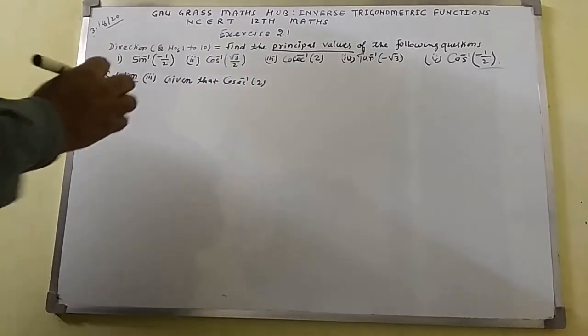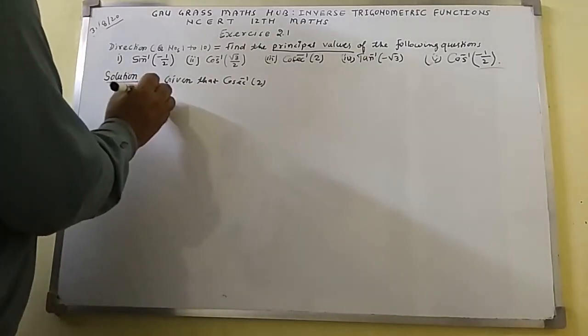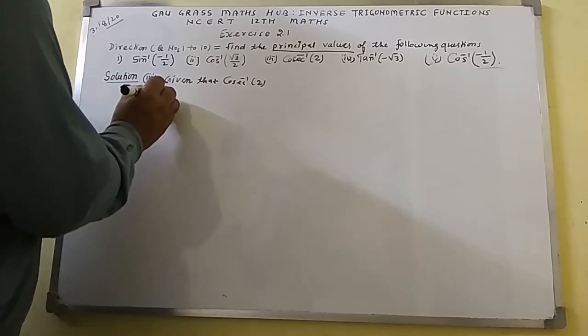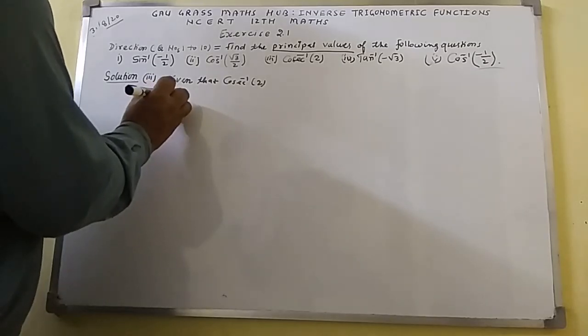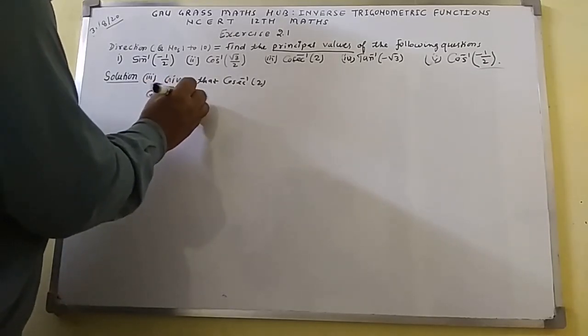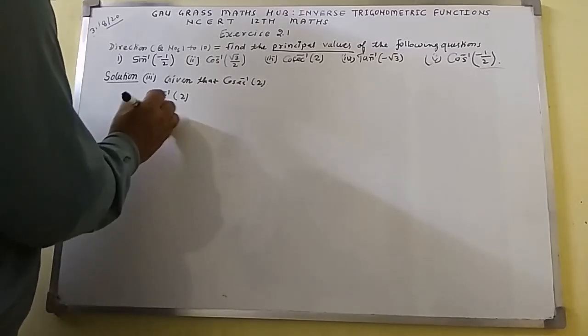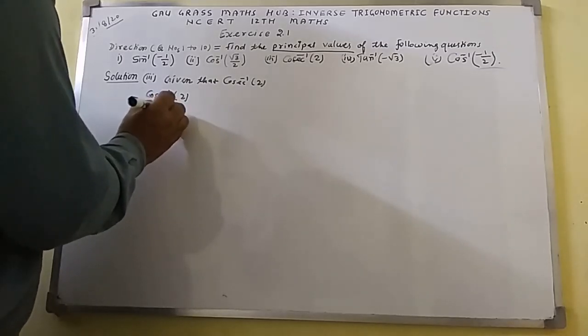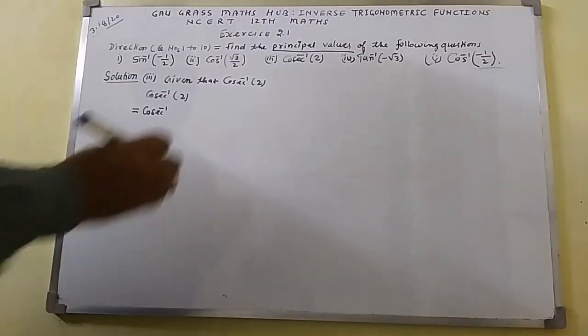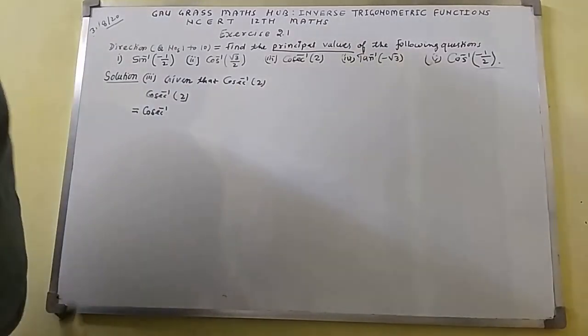What we'll do in this case, here I shall write cosec inverse in bracket 2 equal to cosec inverse, here 2 is there.